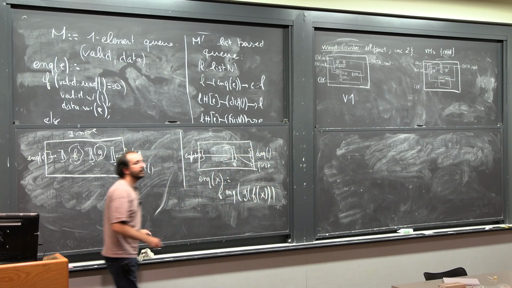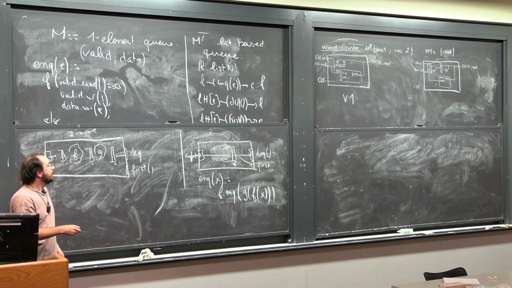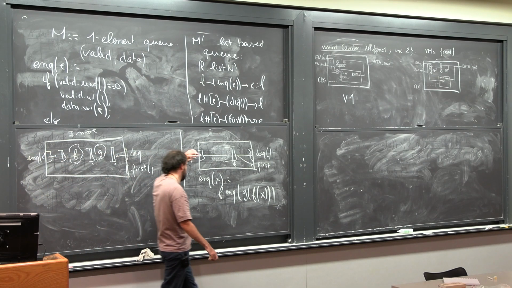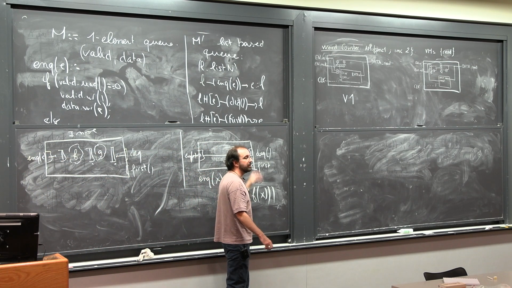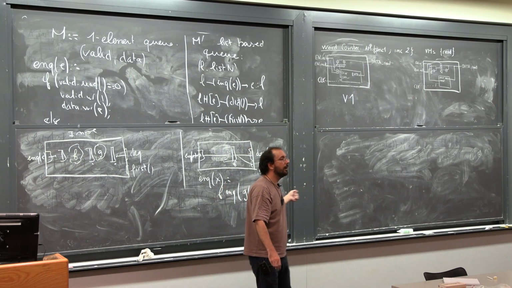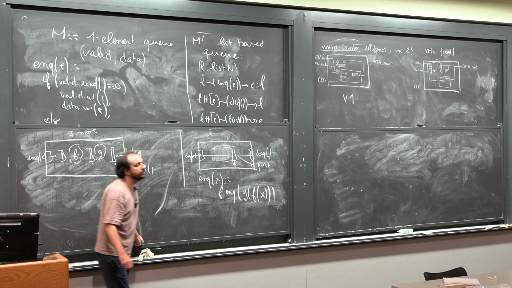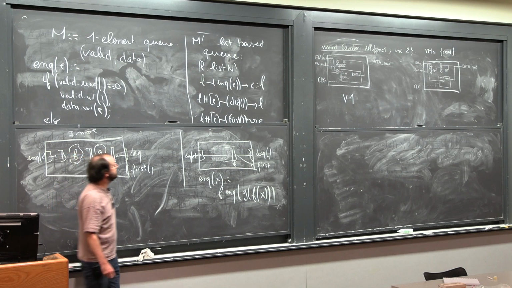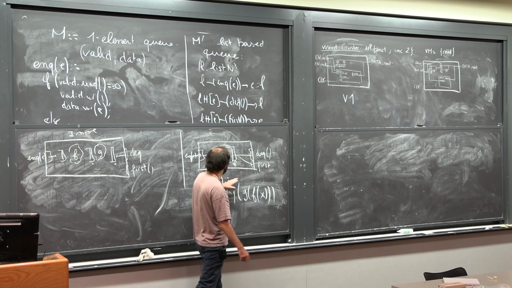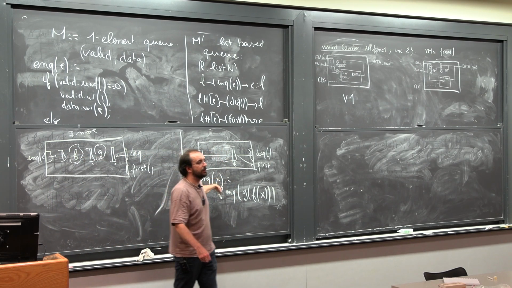Okay? Yes? Is that a model or a function? It doesn't really matter. We can do either way. That's a good question. Let's say it's actually written in BlueSpec, that is, let's say that it's actually a program.